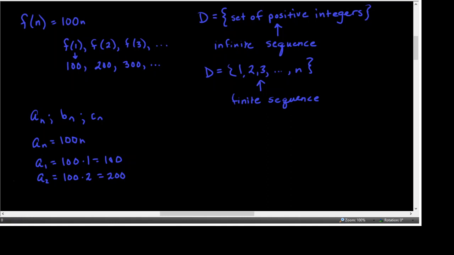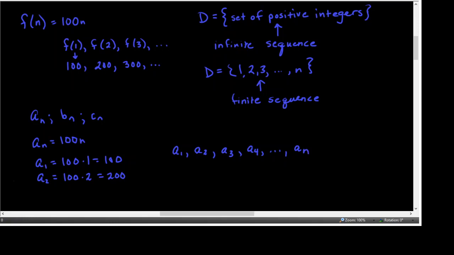And so what we end up getting is a sub 1, comma, a sub 2, comma, a sub 3 in a generic sense, a sub 4, comma, dot, dot, dot, for an infinite sequence. And if we wanted to stop, we could stop it by saying comma a sub n, and then we're done.